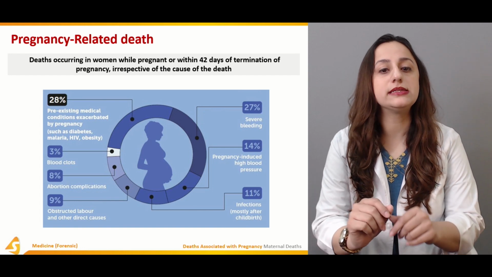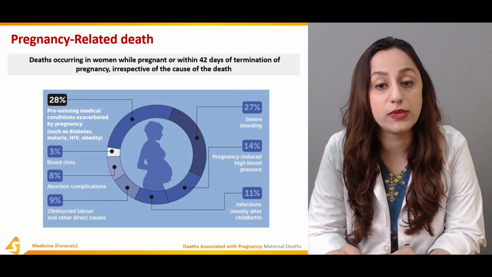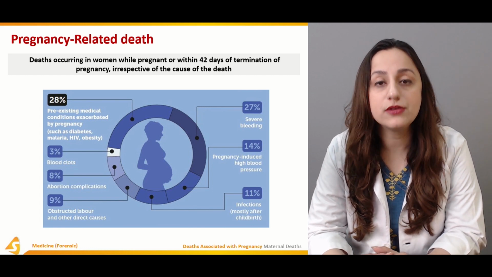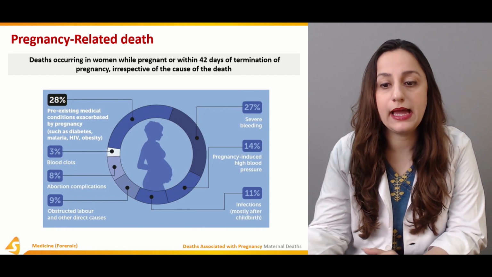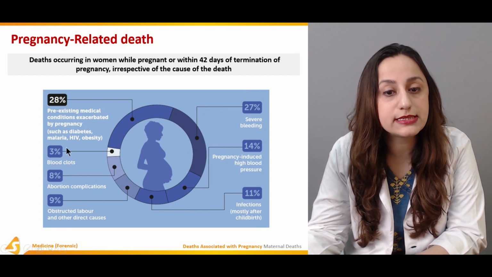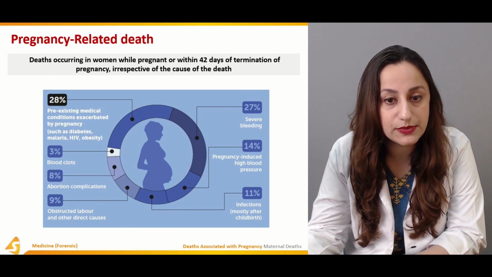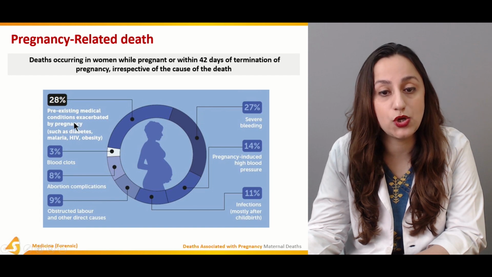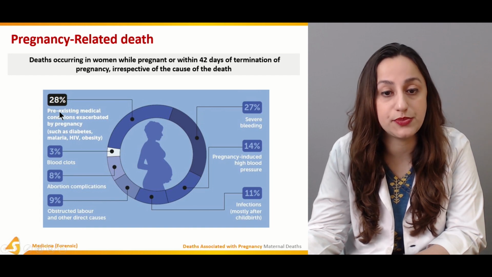The pregnancy-related deaths, again, are the deaths occurring in women while pregnant or within 42 days of the termination of pregnancy, irrespective of the cause of death. And here you can see the highest percentage goes to pre-existing medical conditions exacerbated by the pregnancy, such as diabetes, malaria, HIV, and obesity. That is almost 28%.